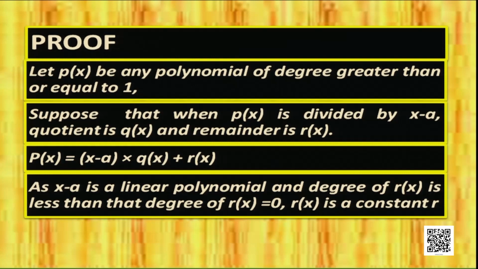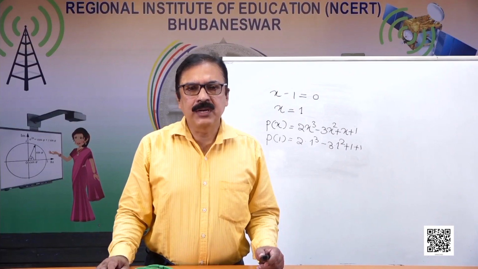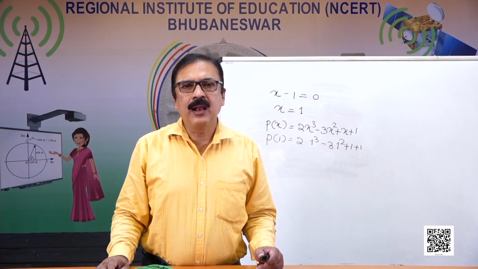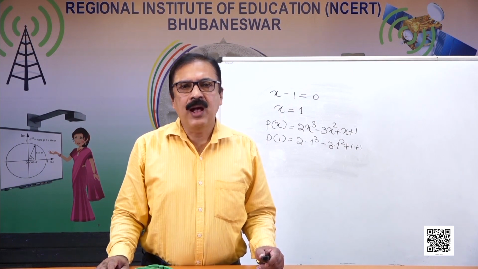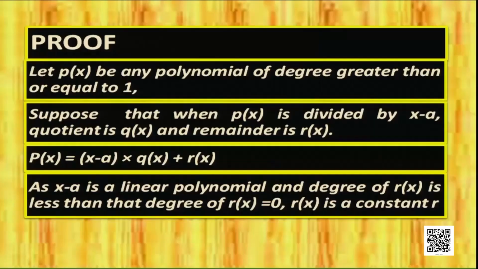That means it is less than 1. So the degree of Rx is 0. And we have already discussed that polynomials of degree 0 are constants. So Rx is a constant here, and let it be r.